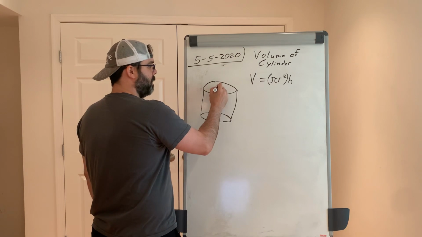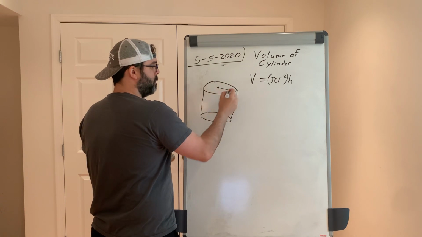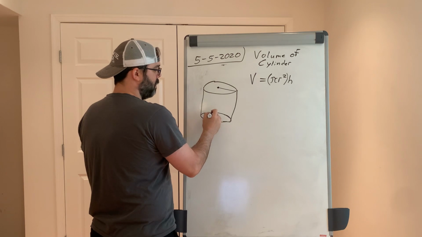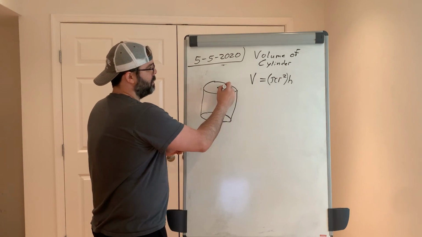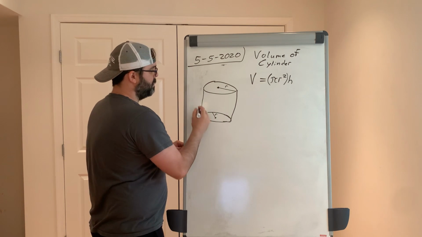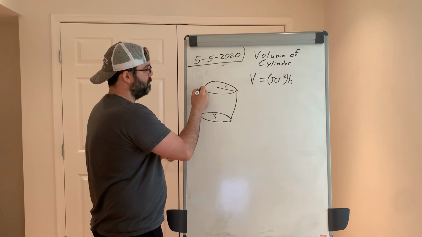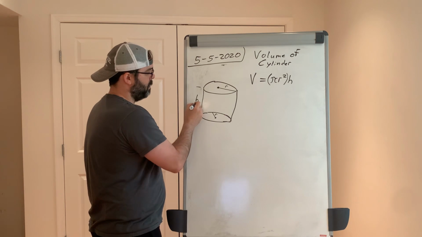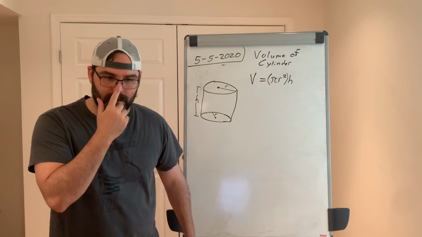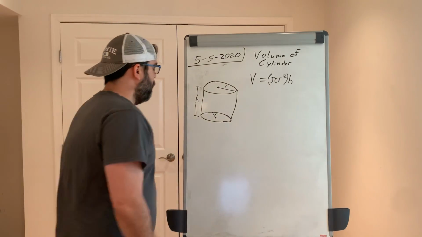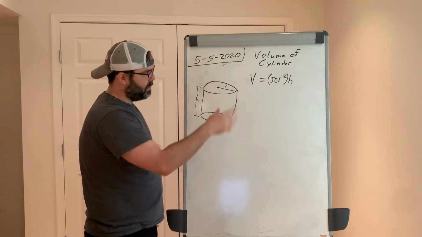Okay, and then in the middle you can draw your radius. So this is the radius, this is also the radius, this is the height. The height goes from here to here. So this is the volume of this cylinder, pi r squared times height.